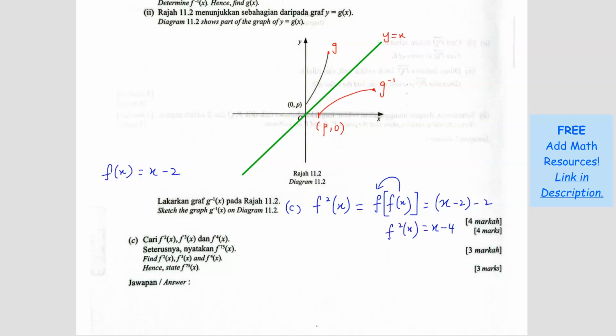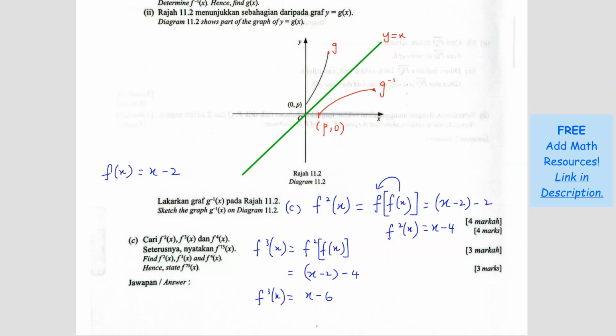Okay, now f³ is what? f³ is you substituting f into f². You're substituting the f(x) into the f², which is what you got here. So what you will have is x minus 2 minus 4, so you get x minus 6.